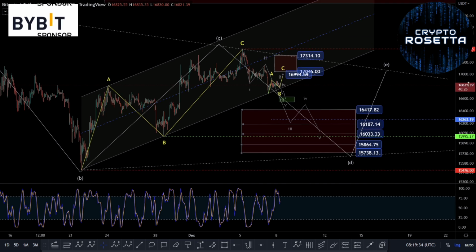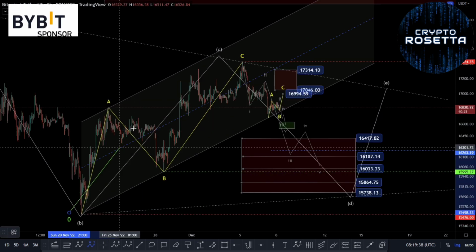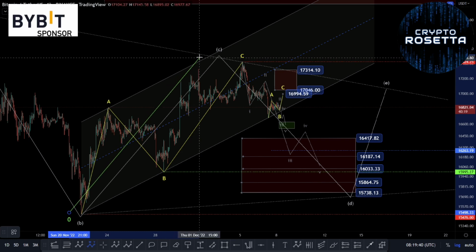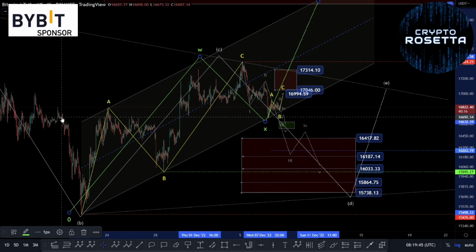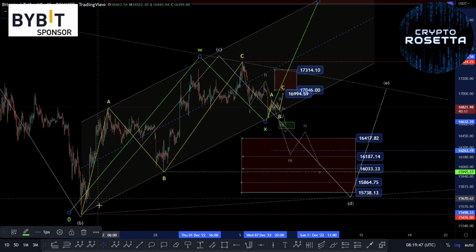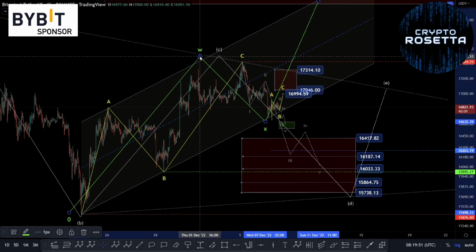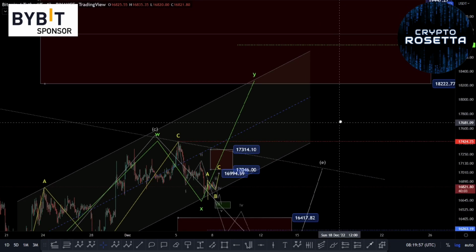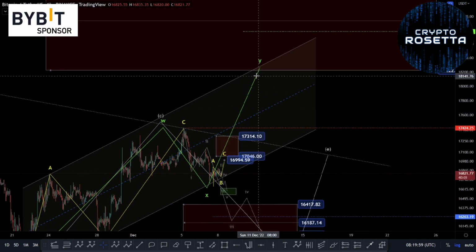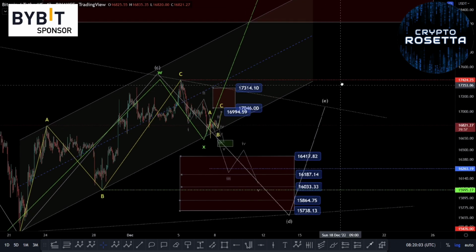So if that's to play out, what we'd be looking for the potential of is either having something like this where we have a W, an X, and a Y to the upside. So this would be a zigzag, an X wave, basically the zigzag would be into there. An X wave, and then we look to progress to the upside again in a Y, and off of this current low, this 1-to-1 would be this 18,780.